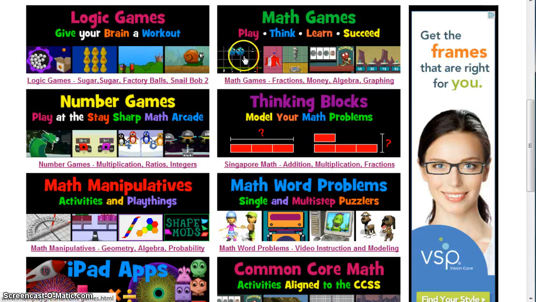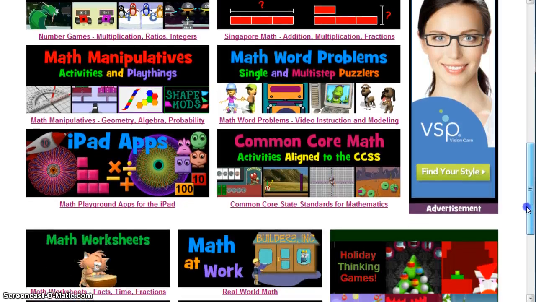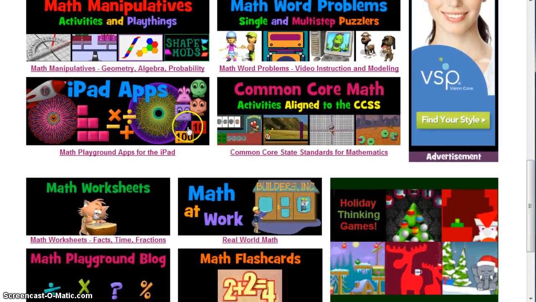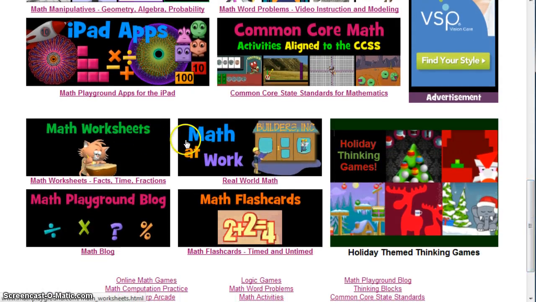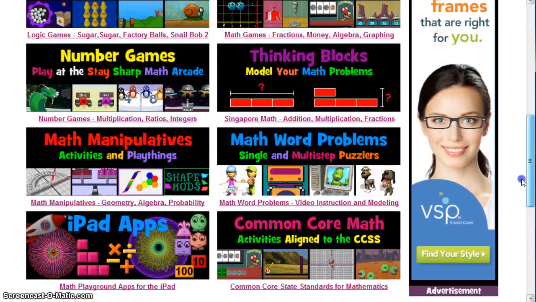Logic games, math games, number games, what they call Thinking Blocks, math manipulatives, math word problems, and further down here, the iPad apps, Common Core Math, which is aligned to the Common Core standards, and then even more: math worksheets, math at work, which are cute little simulations that use math in problem-solving contexts, a Math Playground blog, and math flashcards. So this again has a lot of great resources.